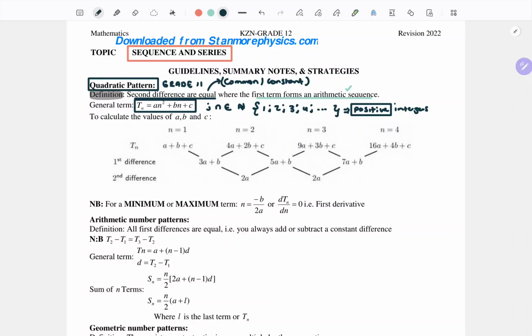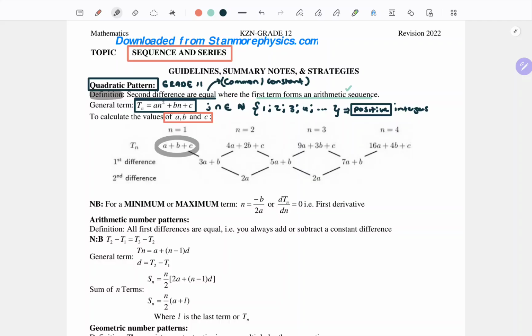Please remember that, guys. Now, how do we find our coefficients? Term 1 is a position, so when we substitute n equals 1 into the original, we end up with a plus b plus c.